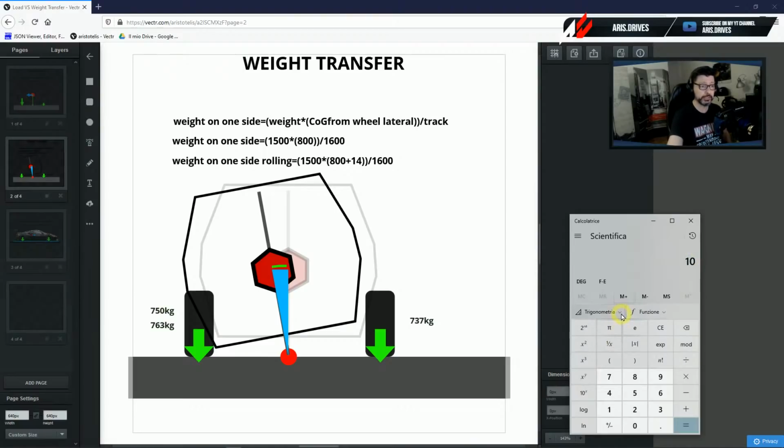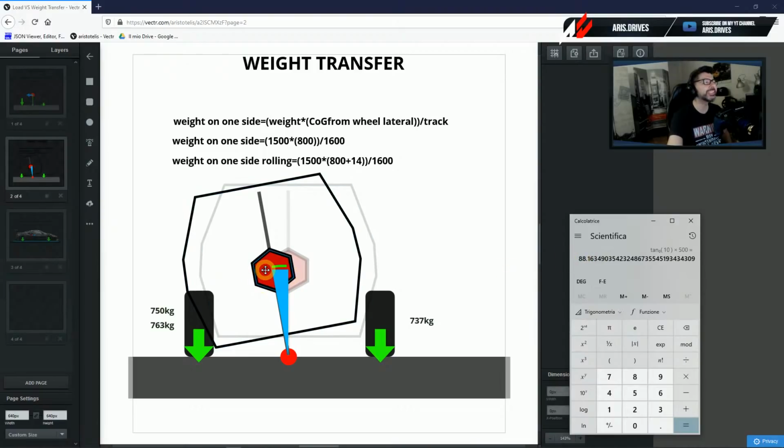Let's get the ton: this one multiplied by half a meter of center of gravity, because usually street cars are around half a meter. So multiplied by 500, already this thing becomes 88 millimeters.